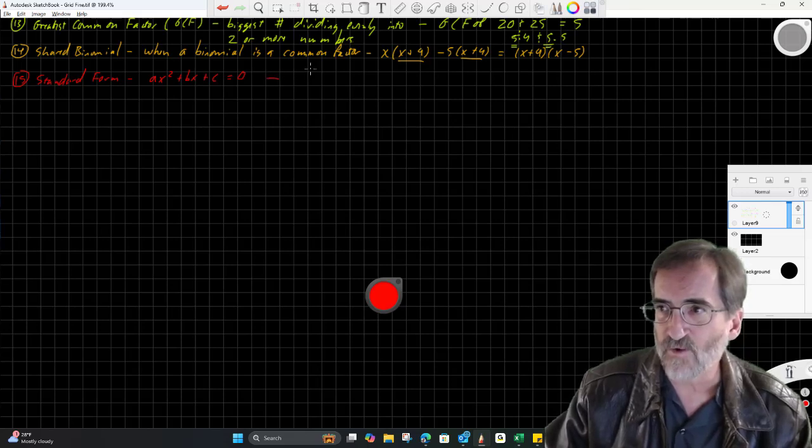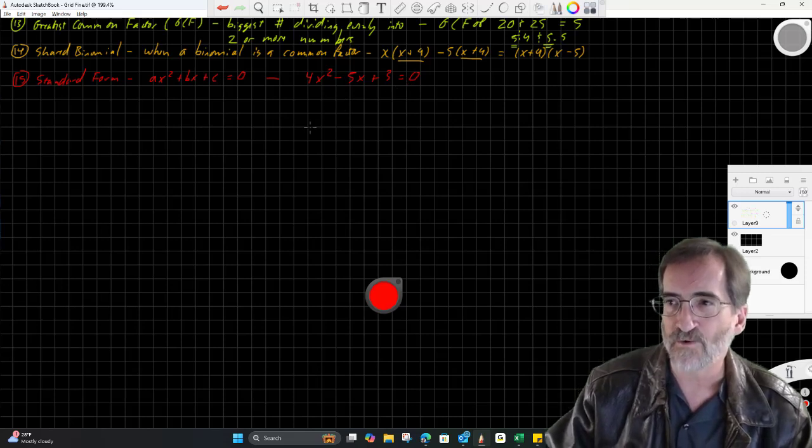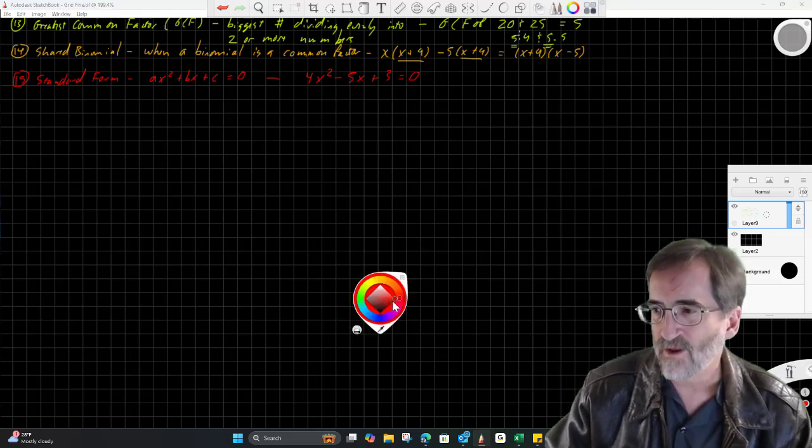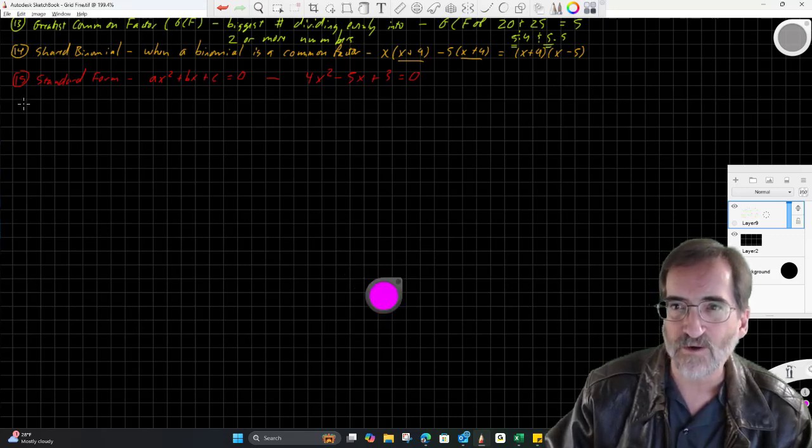So an example of a quadratic in standard form is 4x squared minus 5x plus 3 equals 0. Note that it starts with an x squared, followed by an x, followed by a constant, and it equals 0. We need to have it in standard form before we try to factor it or use the quadratic formula.